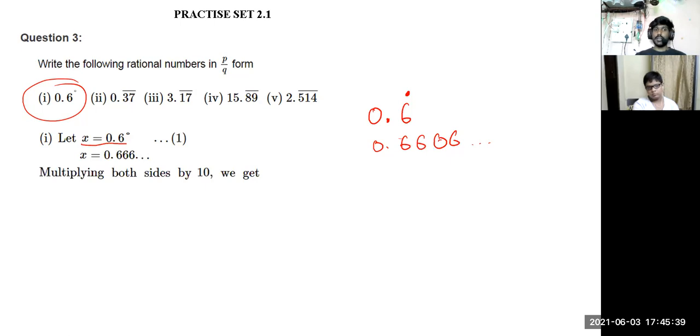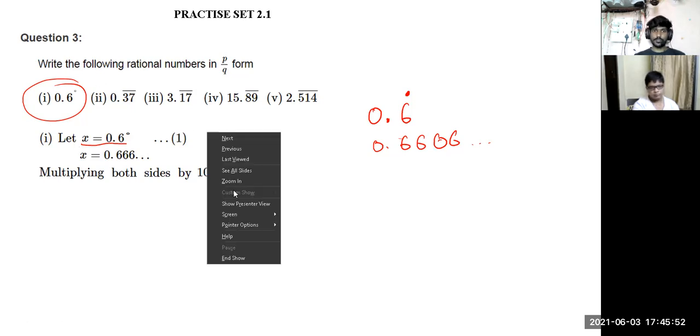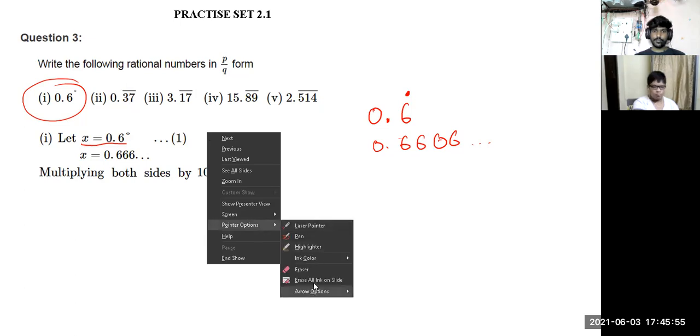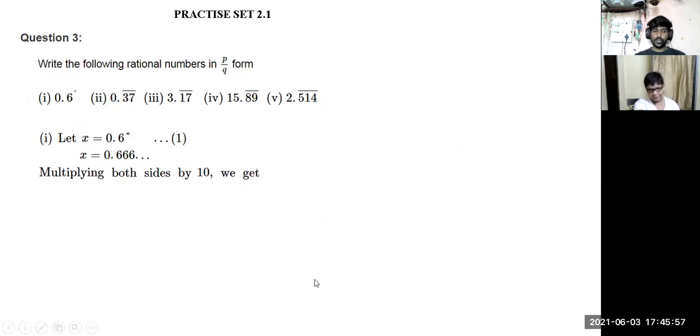Now what you do is multiply both the sides by 10. What will happen after multiplying 10 on both sides? We have x is equal to 0.6666 dot dot dot.